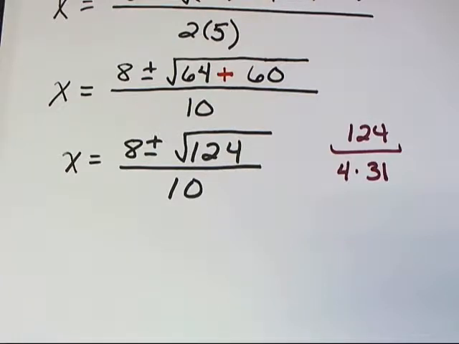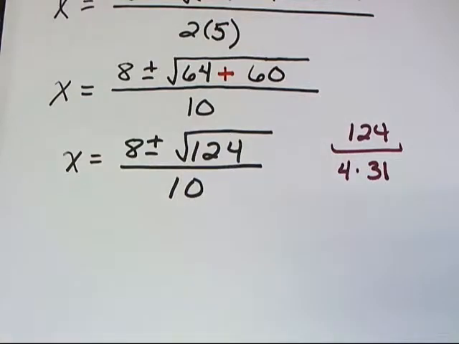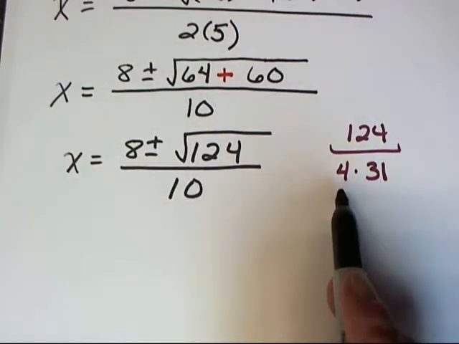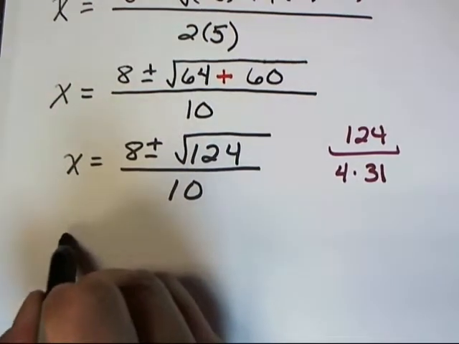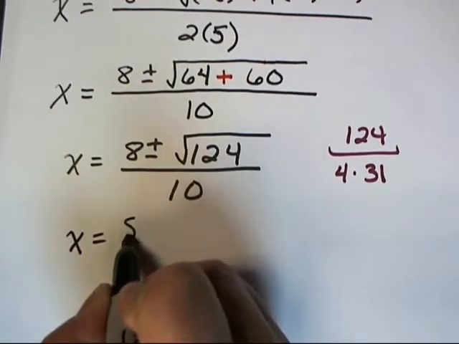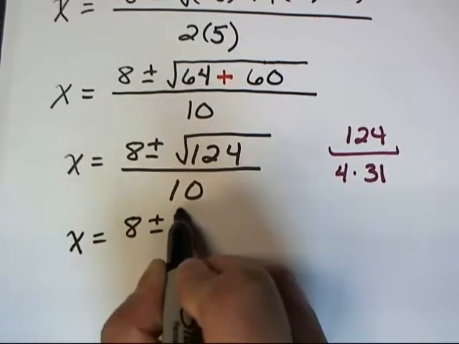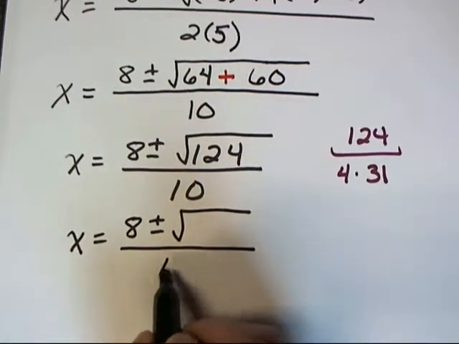Now I recognize that 31 is a prime number. I never came up with 31 when I was doing any of my multiplication tables, so the only way I get 31 is 1 times 31, which means that there is no other perfect square in 124. 4 is the largest one. So now I'm going to replace the 124 with 4 times 31, because 4 times 31 is the same thing as 124.